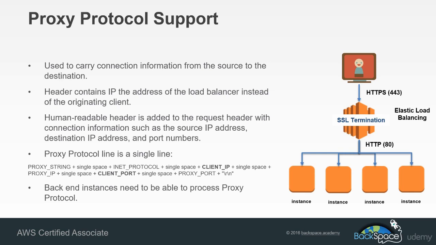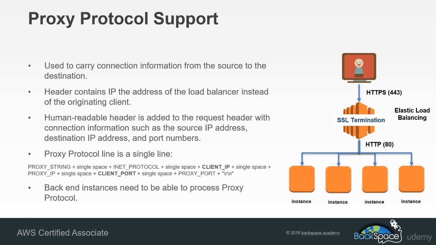So what proxy protocol will do is add a human readable header to that request header with the connection information of that client. That will be the source IP address, the destination IP address, and port numbers. That way, when the instance receives that request, it's going to know that request came from a client in front of the load balancer, not the actual load balancer itself.